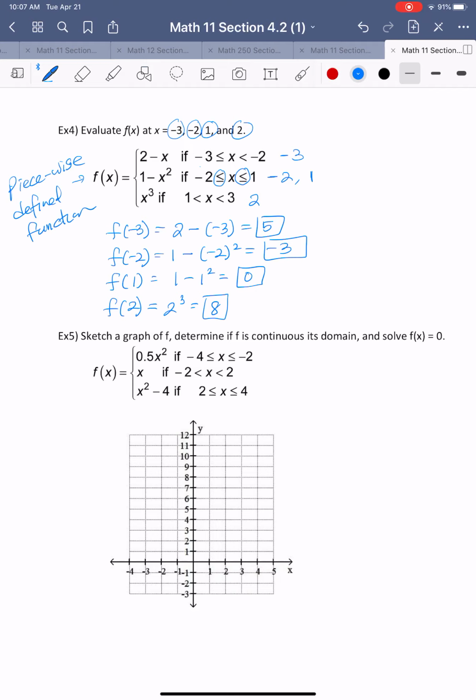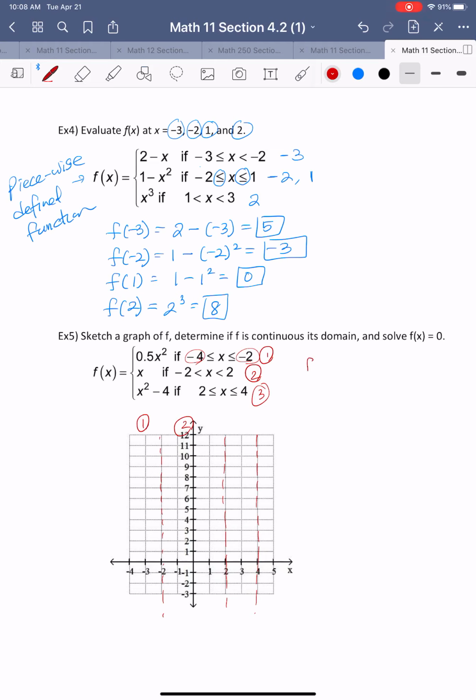Okay, so let's look at it here. I want to divide the regions, which is -4 to -2, where I have the first function. I'm going to put the first function graph here, then between -2 and 2, I'm going to put the second function graph, and between 2 and 4, the graph of the third.